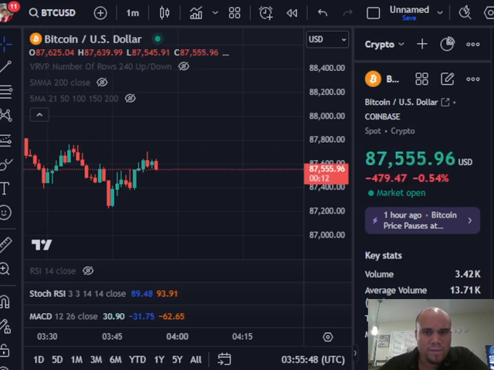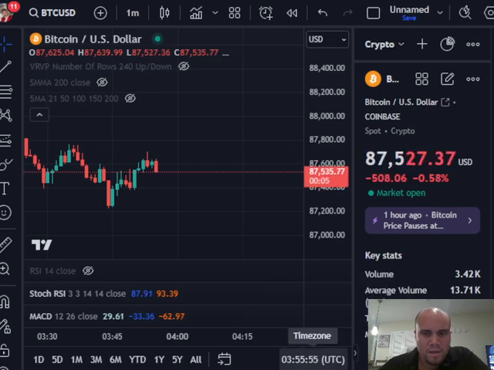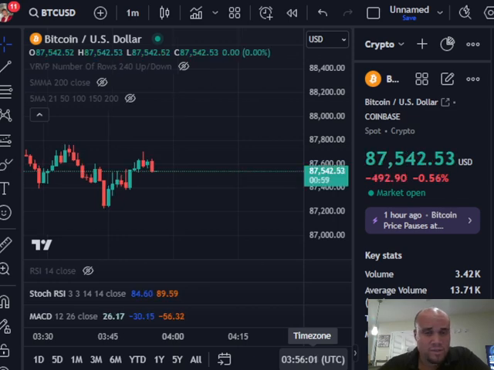Some things to also take into consideration is when the daily candle closes. We are basically working off Universal Coordinated Time, which is this time right here, and that's the time in Greenwich, England. Right now it's 3:56 in the morning in Greenwich, England.